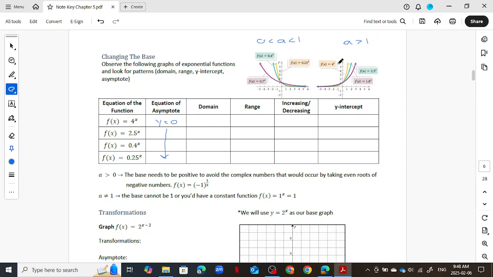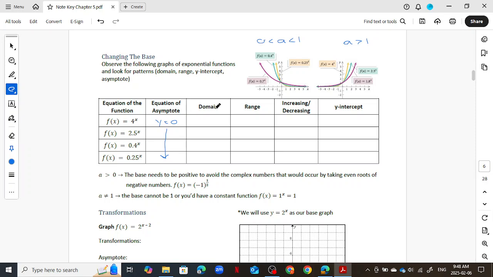So 4 to the -100 is still 1 over 4 to the 100. So it's a tiny number, but it's still a number greater than 0. Same thing here. If I make the number bigger and bigger, I've got this fraction to an exponent, and all that's going to happen is it's going to get to be a smaller and smaller number, but it's never going to be 0. It's going to approach 0. So no matter what I make the base, my asymptote of an exponential function will always be y equals 0.